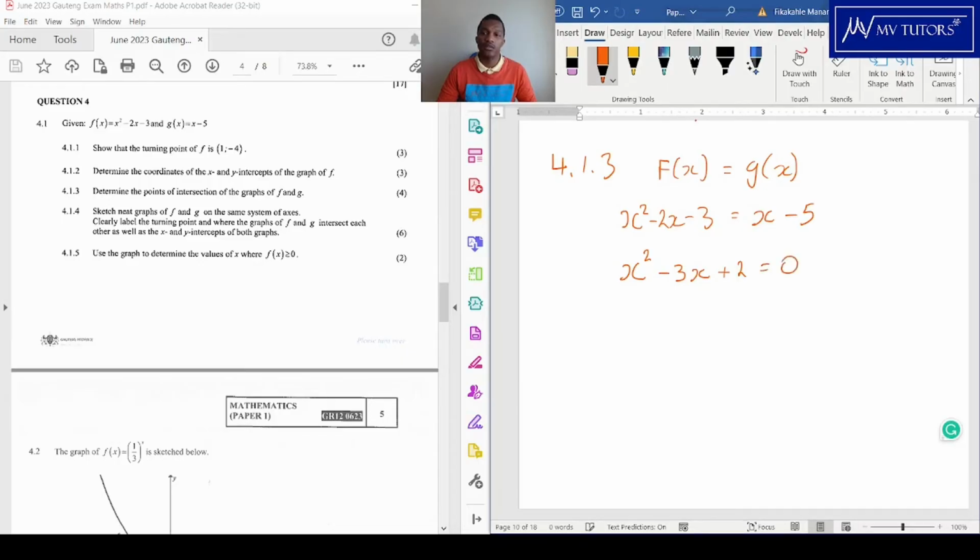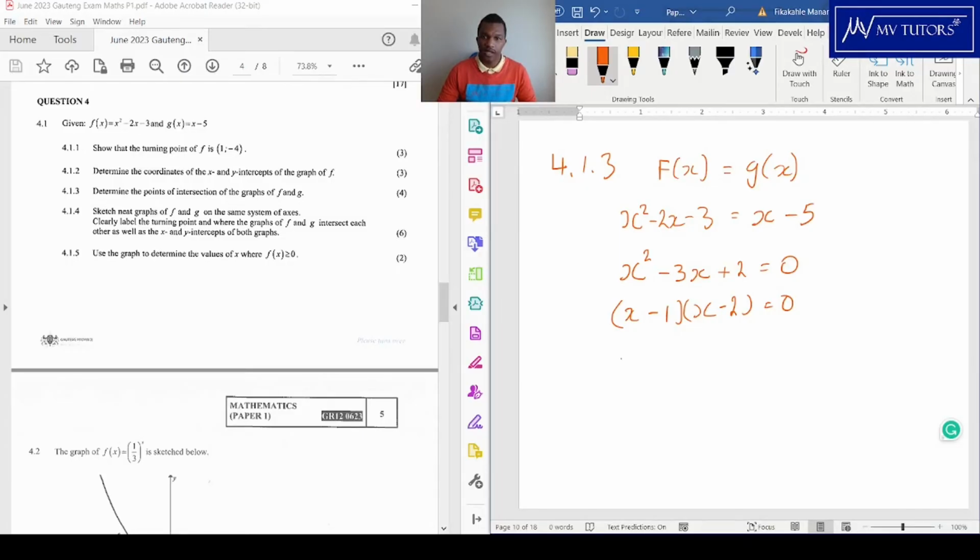Okay, so there we go. Now we need to factorize this. Let's go right ahead and put x on both sides. Factors of 2, 2 and 1. Sorry, I just made a mistake. 2 and 1, so they both have to be negative.